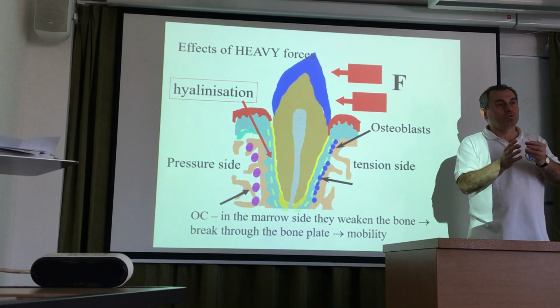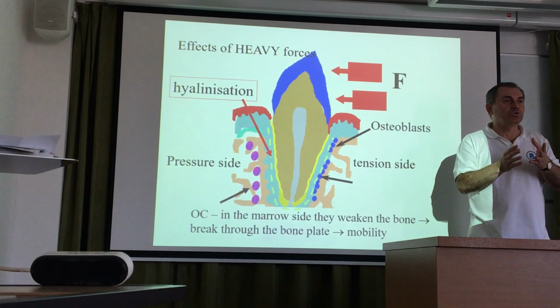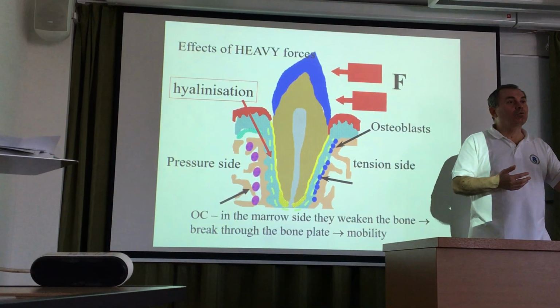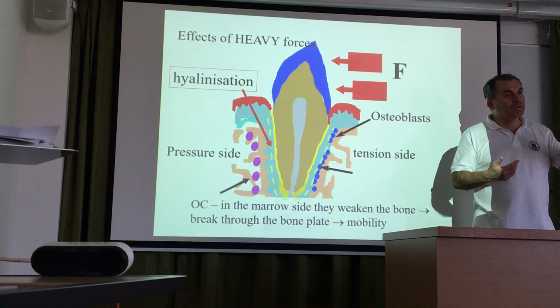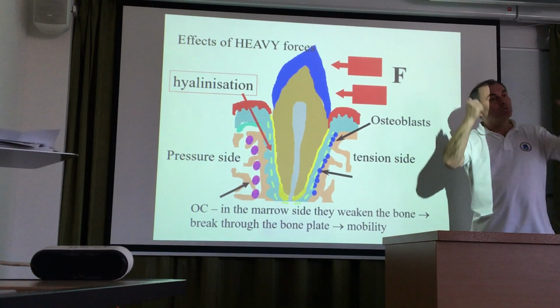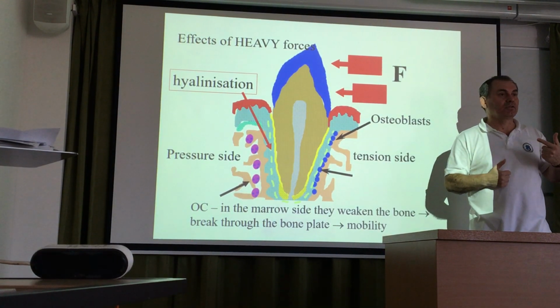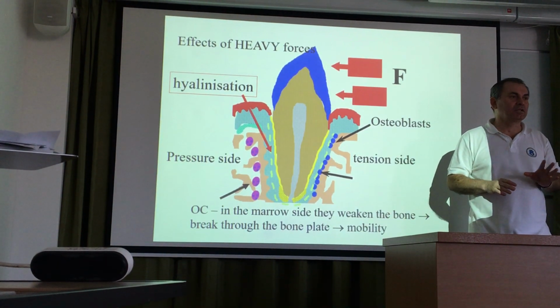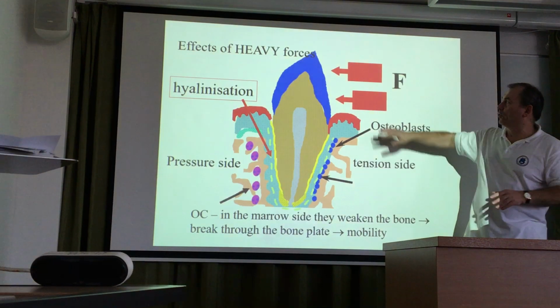But sometimes the wrongly positioned tooth is located inside. In this case, you have to apply the force from inside to outside. So it depends only on the clinical situation, and it is not an anatomical term.